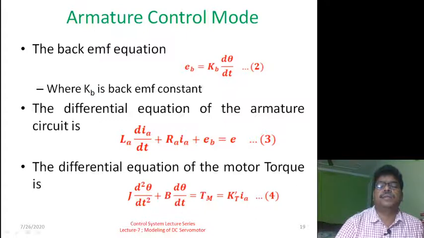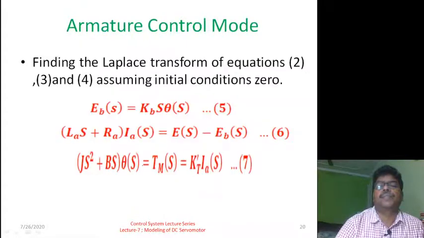J into acceleration plus B into velocity equal to developed torque, and that will be equal to Kt dash into Ia, that we have seen is the developed torque.